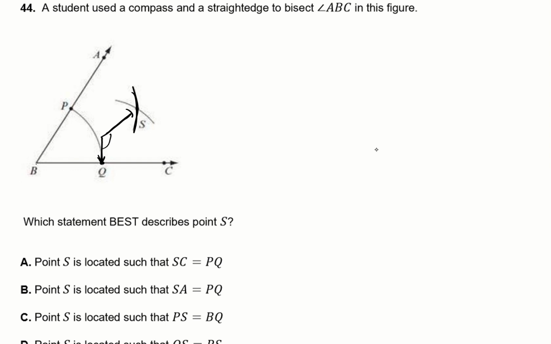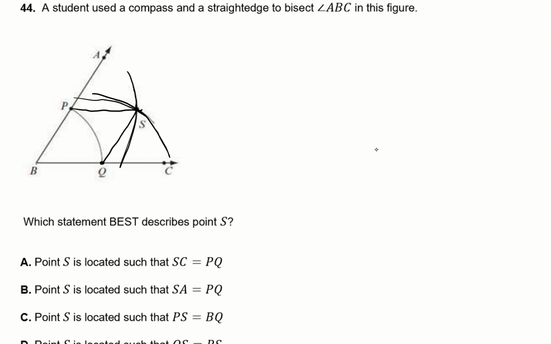You keep the setting of the compass and you draw another arc. As you're drawing these arcs, you're keeping the setting of the compass the same so that the distance here is the same as the distance here, because you're doing a circle here and a circle here. And remember, the circle has a constant radius.